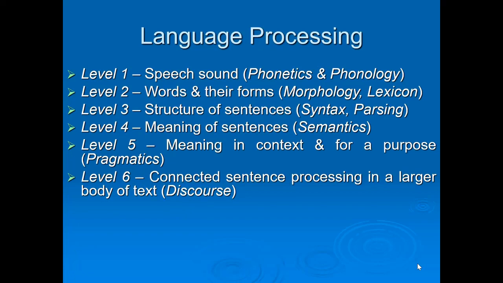This is also very important, because if the words placed in the sentence are not proper, it may lead to a different meaning than intended. So we need to understand the meaning, and understand that all these phases are related to each other. Then the next level is meaning in context and for a purpose.